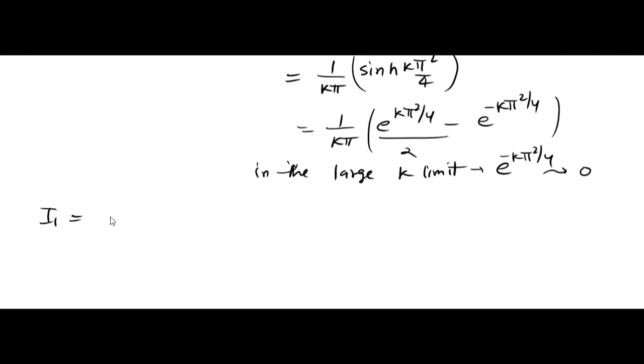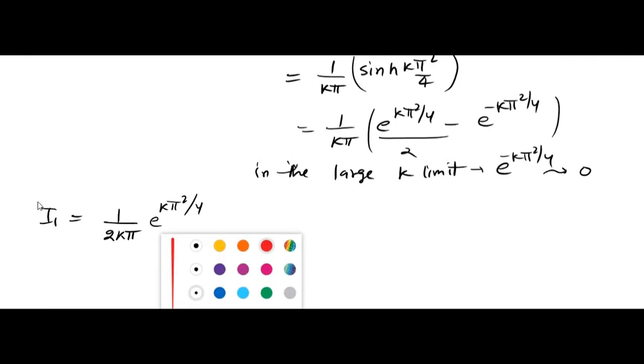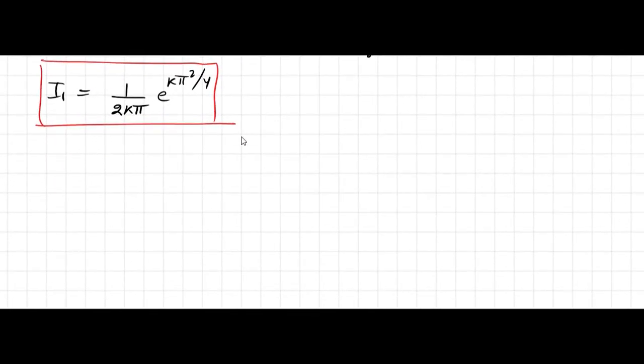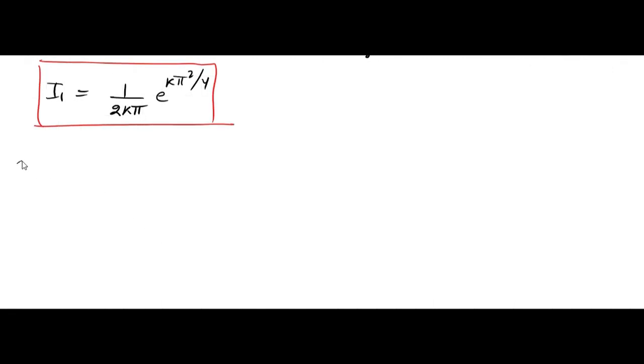So I1 turns out to be 1 over 2k pi e to the k pi square by 4. So this is our I1, and let us calculate I2 now.